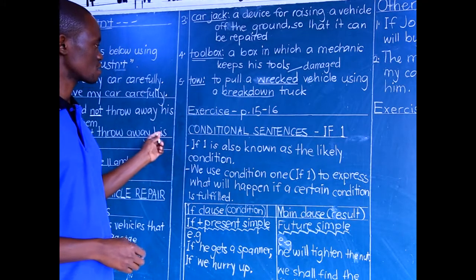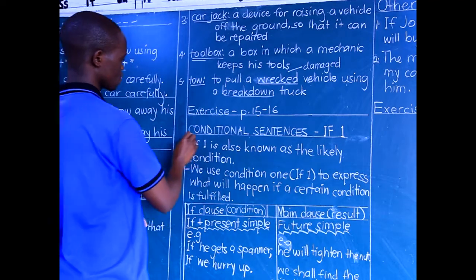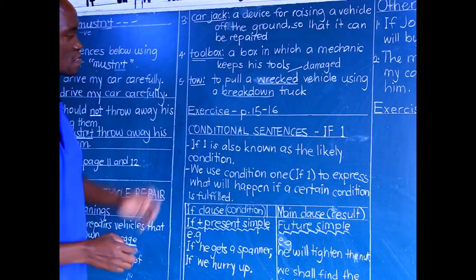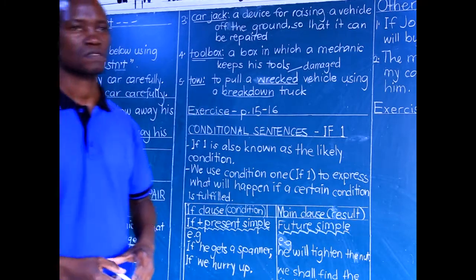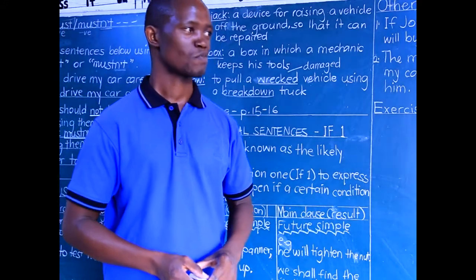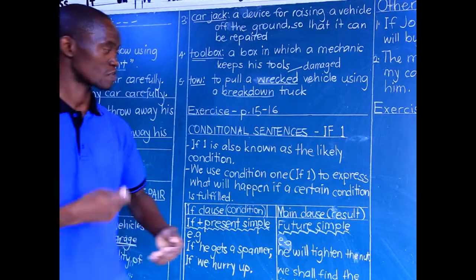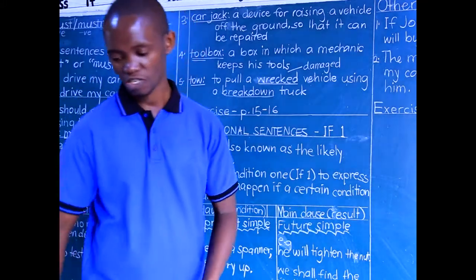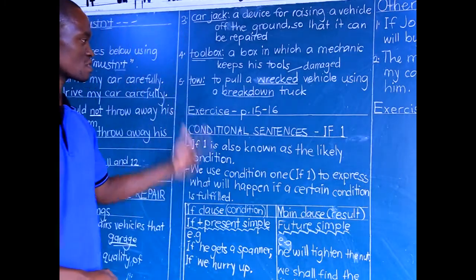Our next item to talk about is slightly different from what we have been discussing, and that is conditional sentences. Conditional sentences. I'm not sure you paid attention to your teacher in P.5 if you talked about them. If you didn't, then this is your best time to pay attention to the teacher talking about conditional sentences.